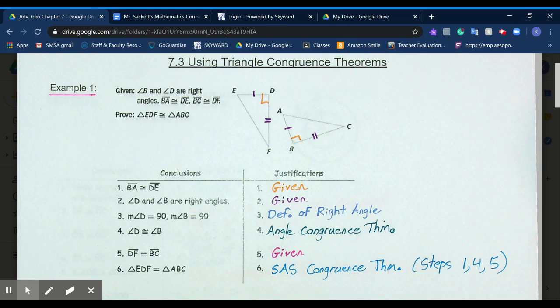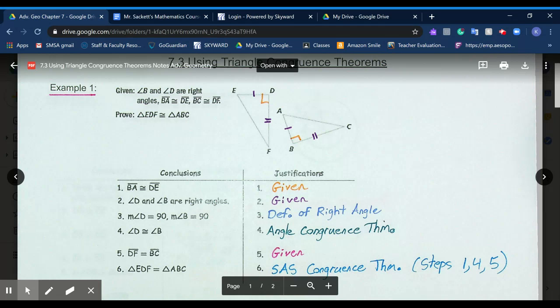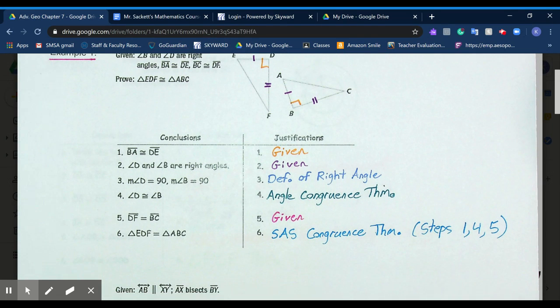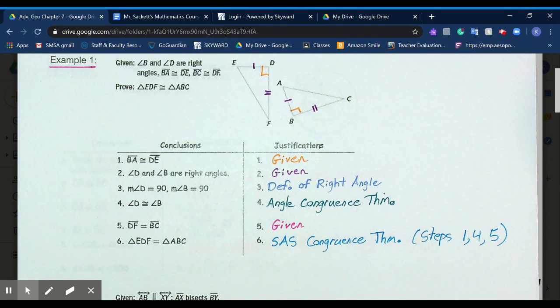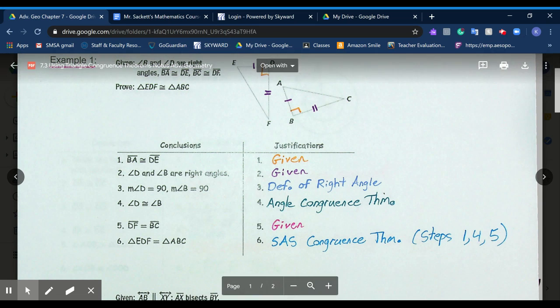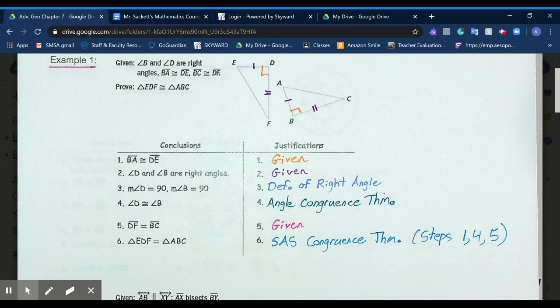They gave us, in this case, all the conclusions. They wanted us to fill in the justifications. The first thing that they gave us, BA congruent to DE, part of the given info, as well as angle D and angle B are right angles. Then they indicated the measure of angle D equals 90 and the measure of angle B equals 90, which is the definition of a right angle.